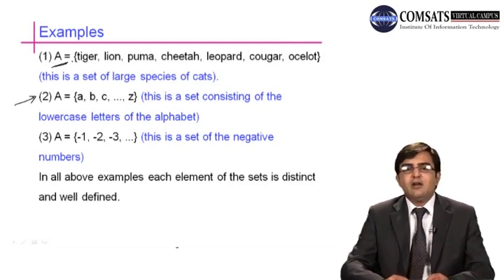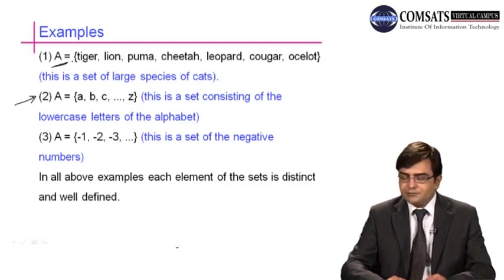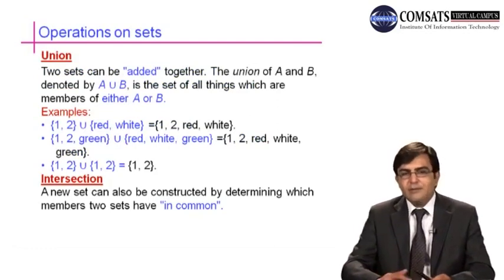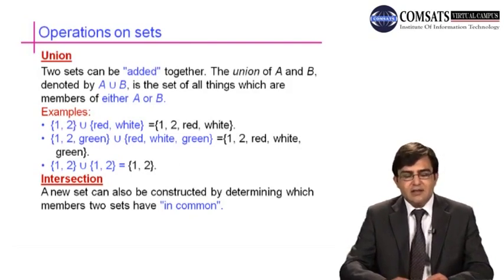Similarly, we have operations on sets, and these are basically union, intersection, complement, and subtraction of sets. You have already studied union and intersection of sets in earlier classes 6, 7, 8, 9, 10. We'll see quickly here what union and intersection of sets are.